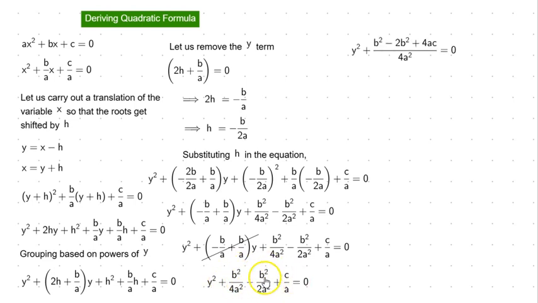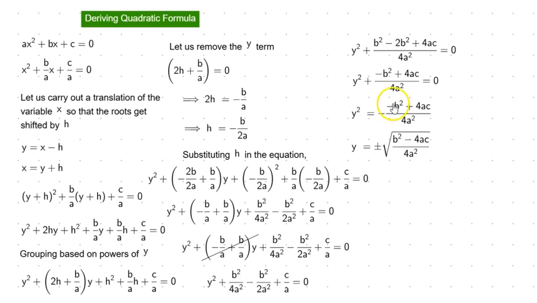Combining these constants, because none of these terms have y, we get y² + (b² − 2b² + 4ac)/4a² = 0. b² − 2b² is −b², so (−b² + 4ac)/4a² + y² = 0. Now, taking this to the other side, we get y² = −(−b² + 4ac)/4a².